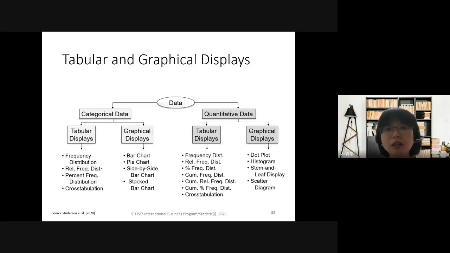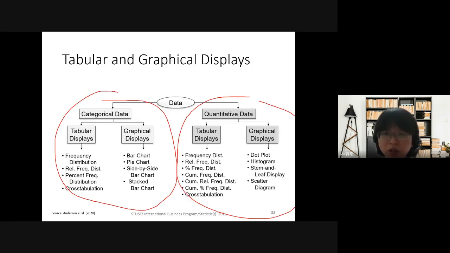So the tabular and graphical displays can be divided into two big families: categorical and quantitative data.